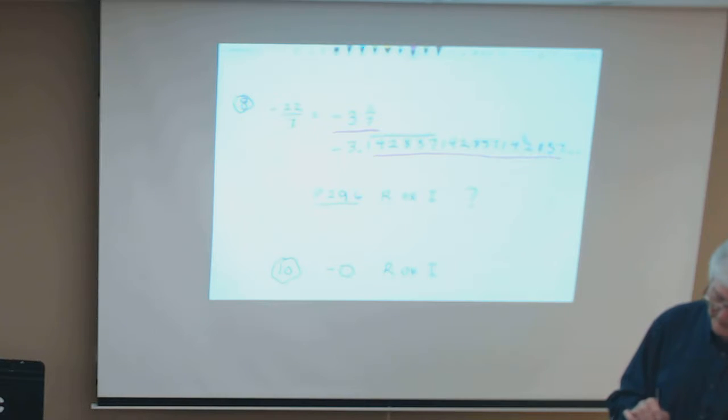Hey, 142857, 142857, 142857. So it repeats. So if this pattern repeats, what does that make this number? Is this number rational or irrational?